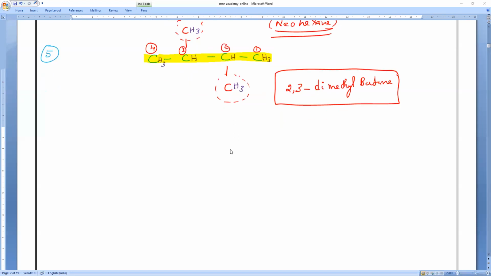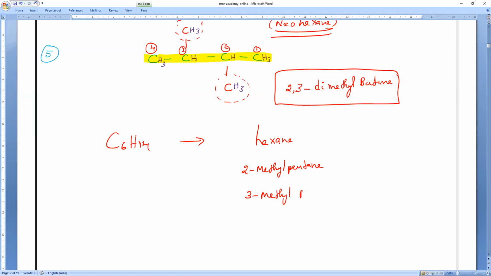Okay, then. So what is the total number of isomers? 5. Anybody can tell me, C6H14, what are the isomers? Make it fast. Everybody, name it. First isomer name, all of you. Hexane. Second isomer, 2-methyl pentane. Next, 3-methyl pentane.